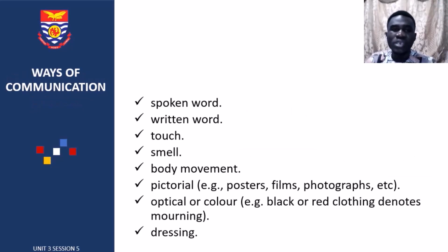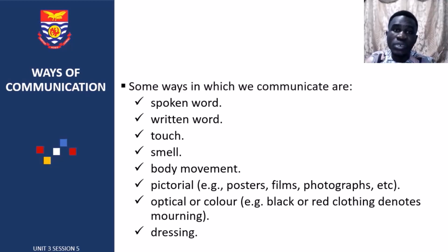So what are the ways of communication? In the classroom, communication can be either verbal or non-verbal. Verbal can be the spoken word, and for non-verbal we can use gestures. These are means or ways that we can communicate. Some ways in which we communicate in the classroom include the spoken word, written word, touch, smell, and body movement.